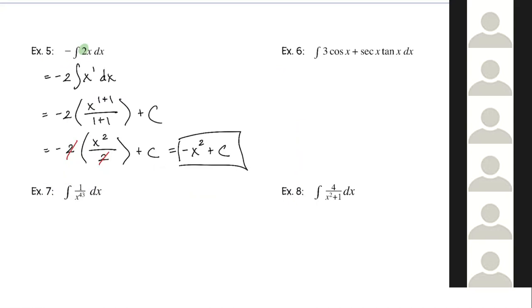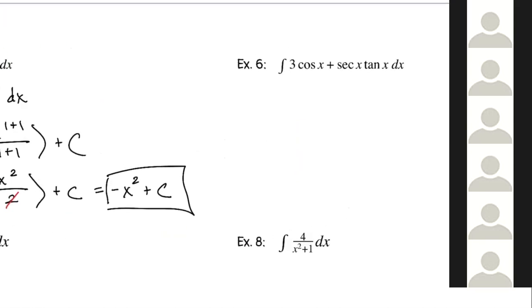Okay. All right, now for example 6, when we look at example 6, we might notice that there is a sum here, which allows us to split into 2 different integrals. And so we could write this as the integral of 3 cosine x dx plus the integral of secant x tangent x dx.